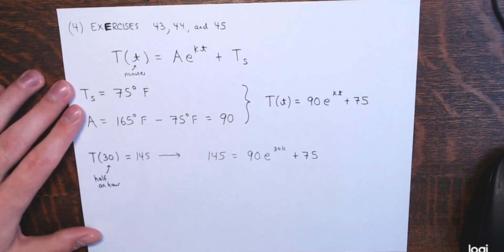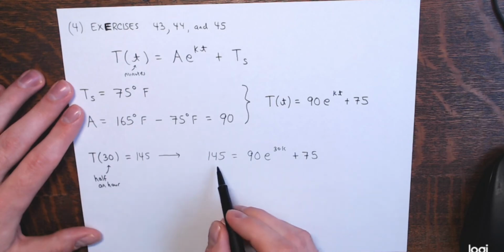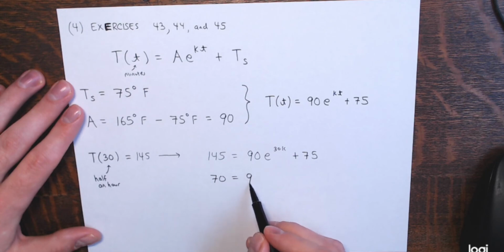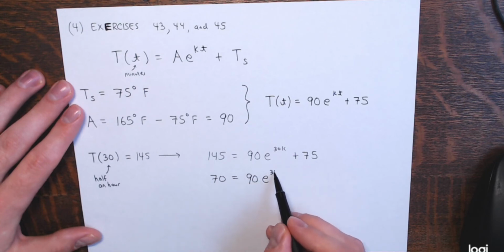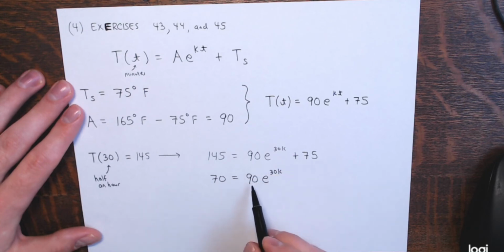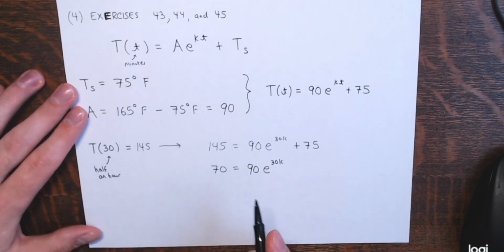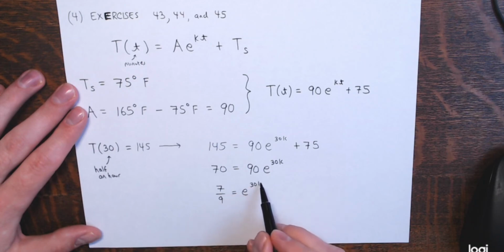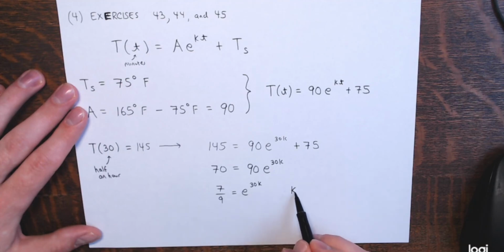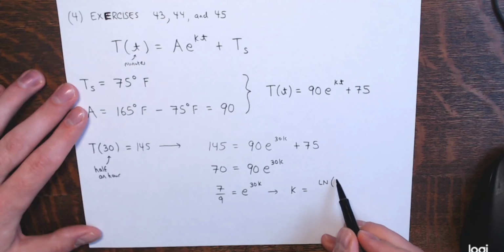Then we subtract 75, which will be 70 over here, equals 90 times e to the 30k. Divide by 90, I've got 7/9 equals e to the 30k. And then the value of k, I'm hoping you see, would be the natural log of 7/9 divided by 30.